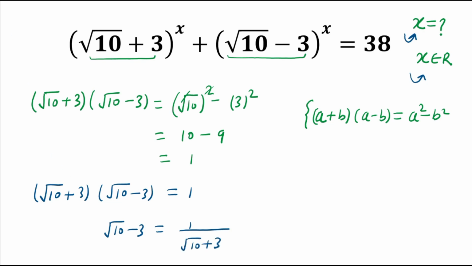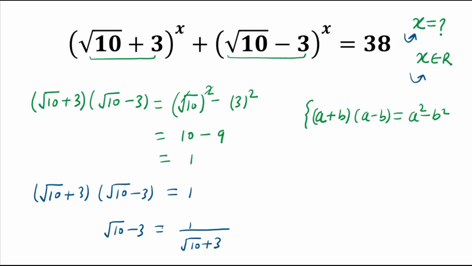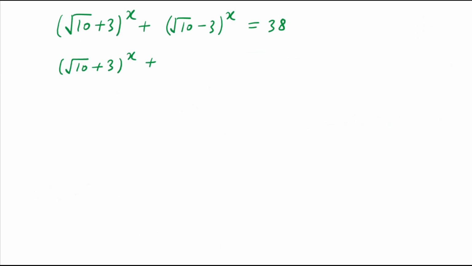Now look carefully, the given equation is (√10 + 3)^x + (√10 − 3)^x = 38. The value of √10 − 3 is 1 over (√10 + 3).